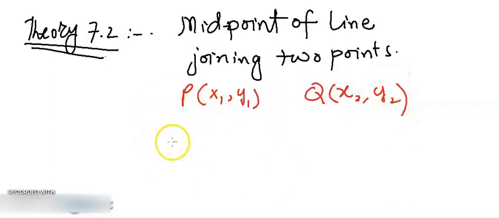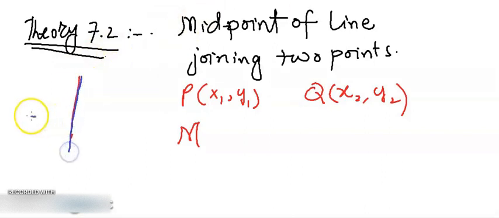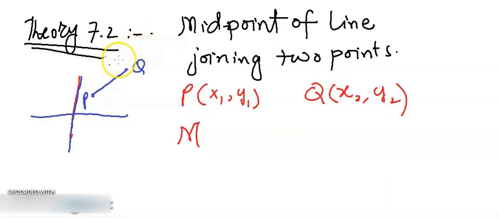Then the midpoint, if we see its picture, the concept is something like this. You have P over here and Q over here. So this is the line segment joining P and Q. We are interested in the midpoint, some point over here that bisects it.